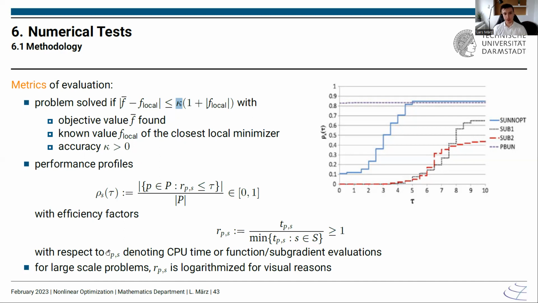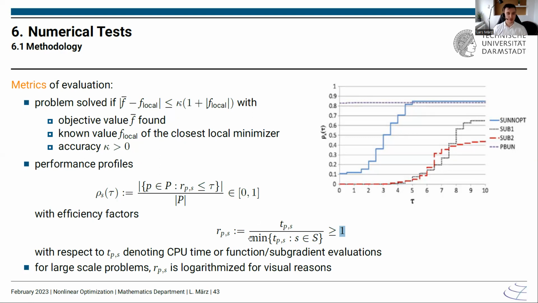Denoted this by TPS for problem P, solver S, and then took this quotient, and it's kind of an underperformance factor in the sense that it's always greater than 1 and only 1 if this solver was actually the best one for that problem.